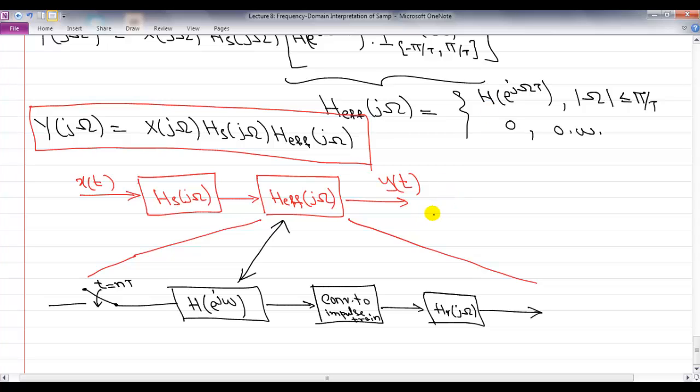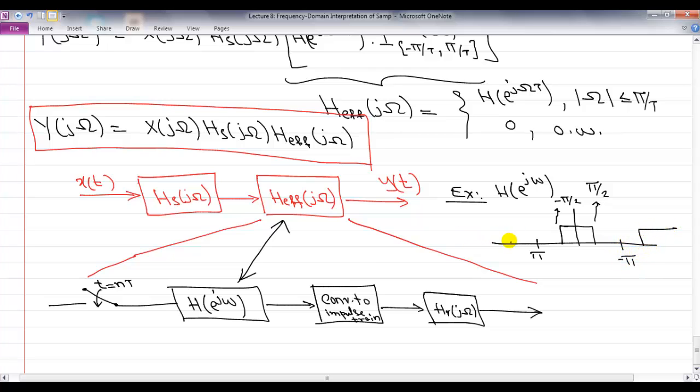So for example, let's say my H(e^{jω}) was low pass filtering to π/2, with periodic copies, and the height was, let's say, B.